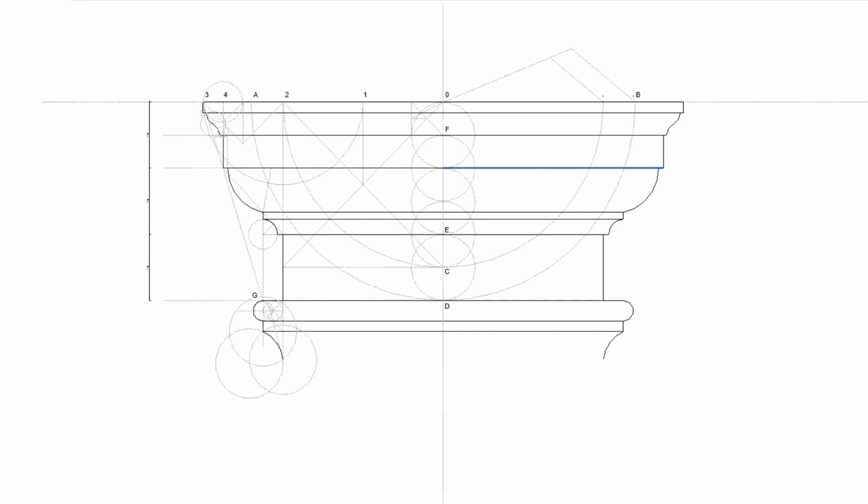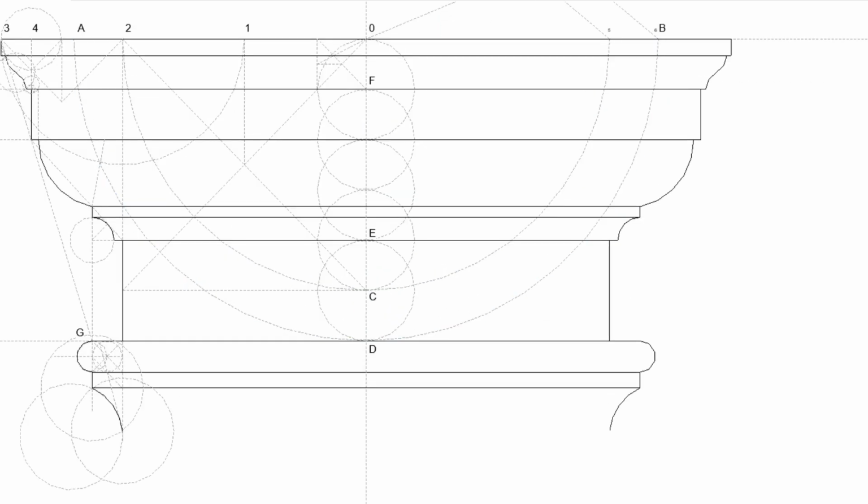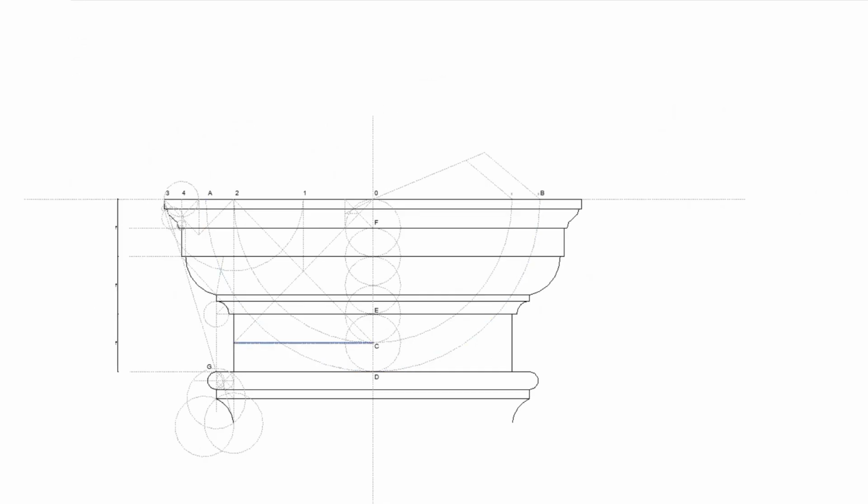Let's say you wanted to take this capital and change something about it. Maybe it's a proportion or a size. You could use the geometry that's in there and play around with that. Because human beings are naturally attracted to geometry, right? That's why it's such an important tool.